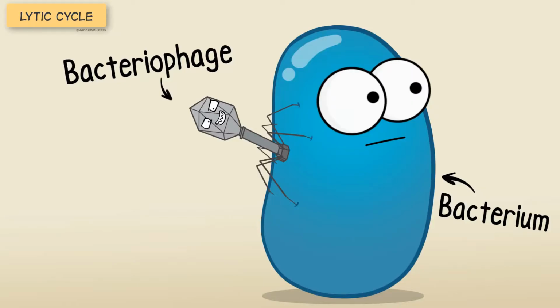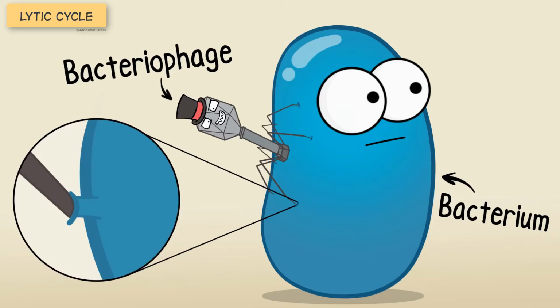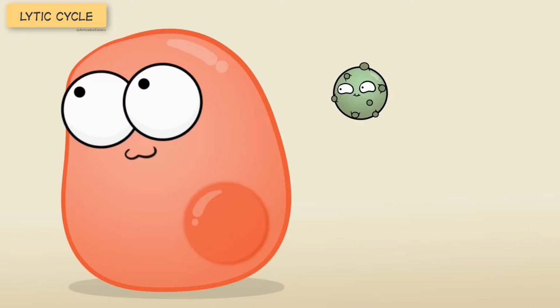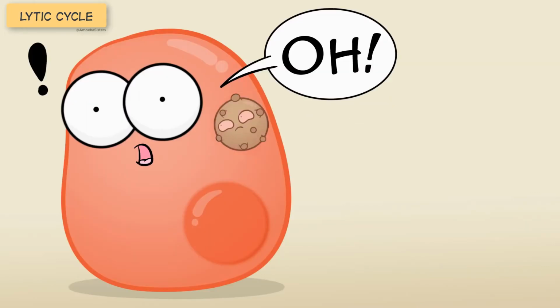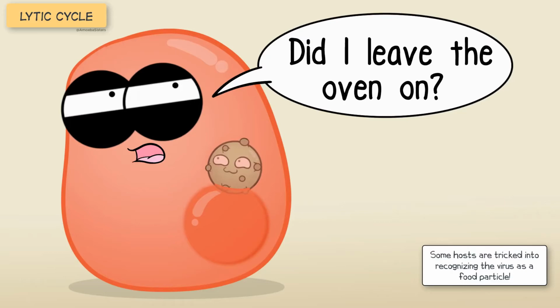In the lytic cycle, the virus, remember very selective, attaches to a host cell. It often binds to a receptor that this cell has, which gives it access to attach. The virus can inject either its DNA or RNA, depending on what kind of genetic material it has, into the cell. Some types of viruses are actually taken inside the cell themselves. Now, you would think that the cell would notice viral DNA or RNA or an entire virus that has been taken in, but in many cases, it does not.